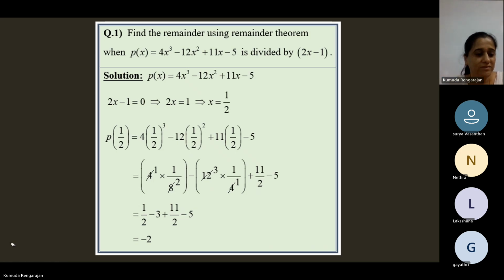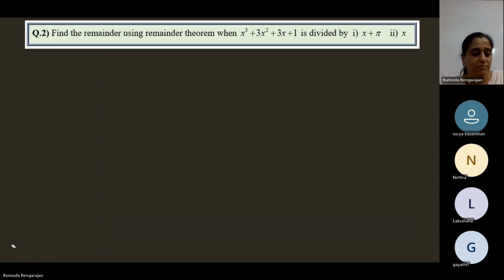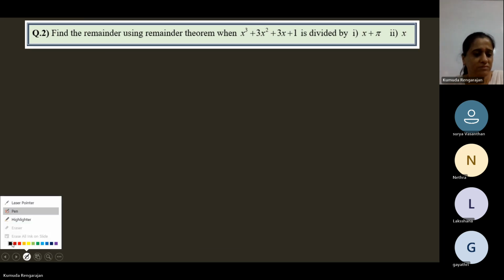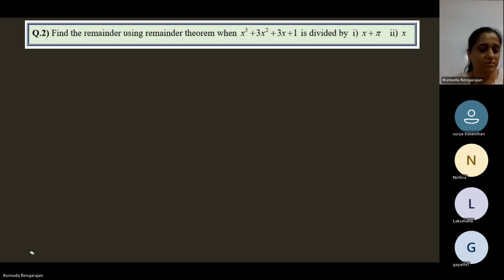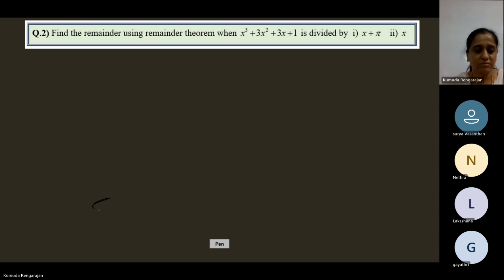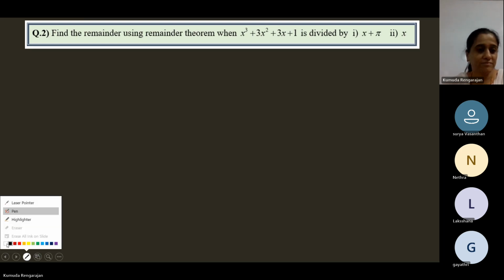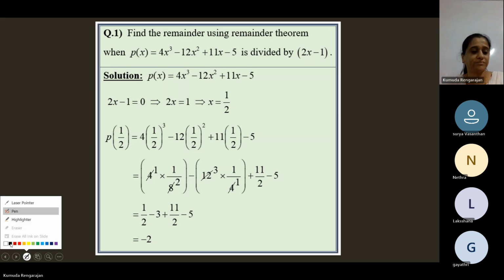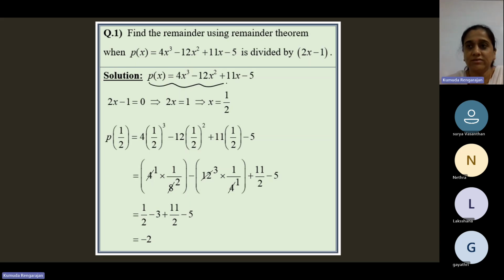Yeah, I'm sorry. So P of X, 2x minus 1 is a divisor, equate it to 0 and find the value of X. And to find the remainder, you'll have to find the P of 1 by 2.